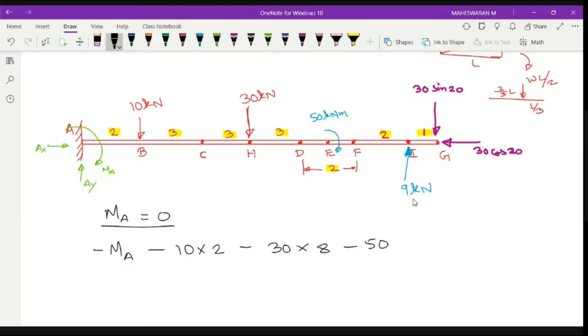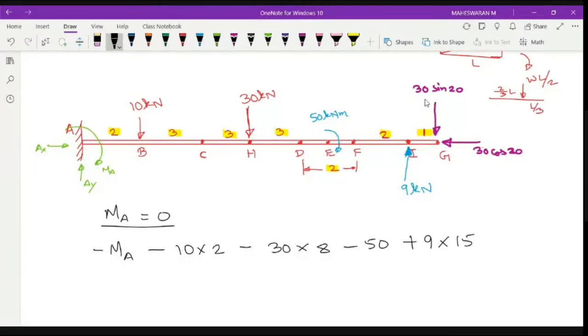Now let me go for 9. 9 is rotating anti-clockwise. So plus 9 into distance. What is the distance of 9 from A? 2, 2 plus 2, 4, 4 plus 3, 7, 10, 11, 12, 13, 14, 15. So 9 into 15. This is my moment.